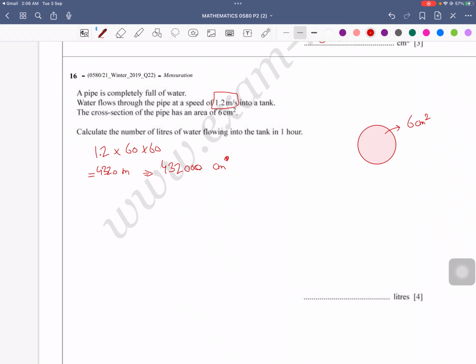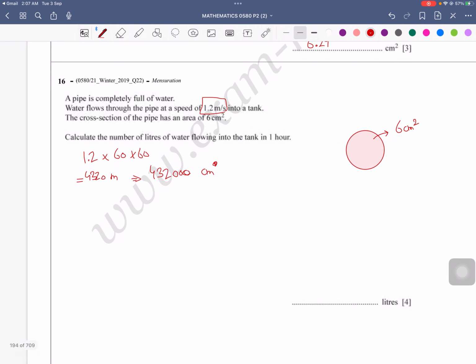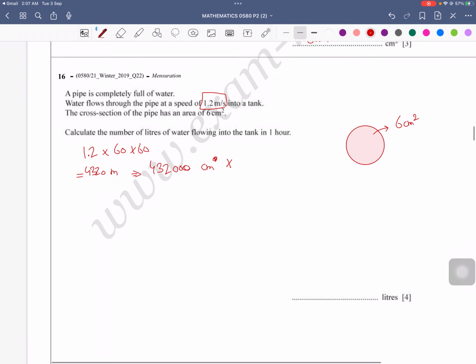We need to come up with the amount of water that can actually go through, given this speed. So this is the amount of water that can completely fill, and this is per centimeter. How many centimeters do we have? We have 6 centimeters. So we multiply it by 6, and this is the amount of cubic centimeters of water that can flow through it.